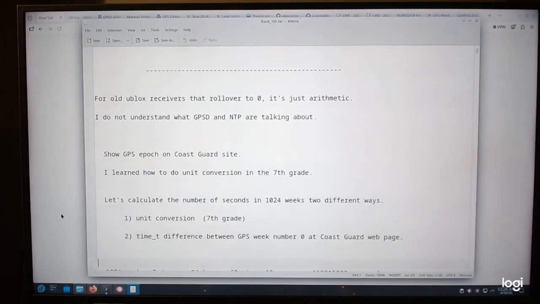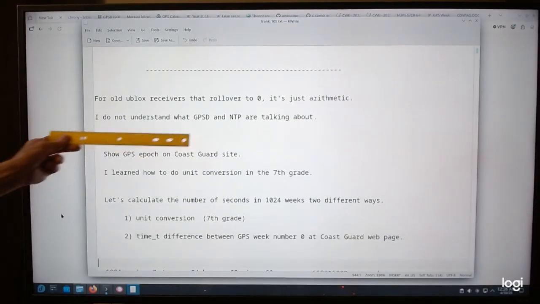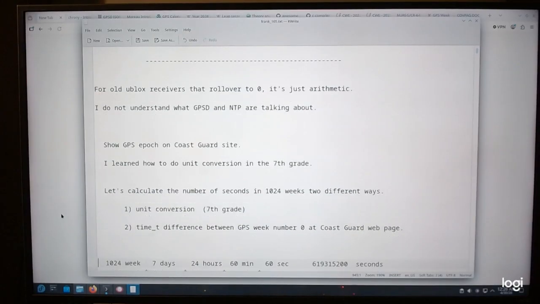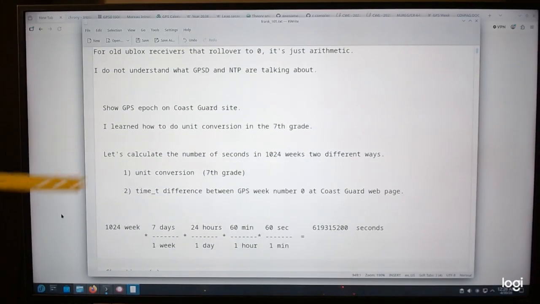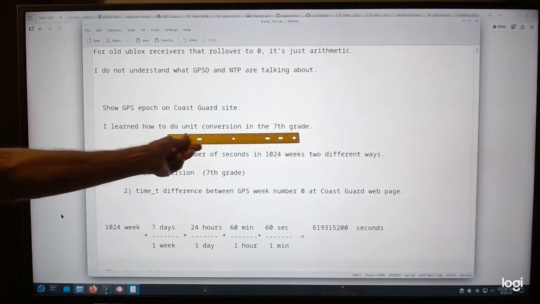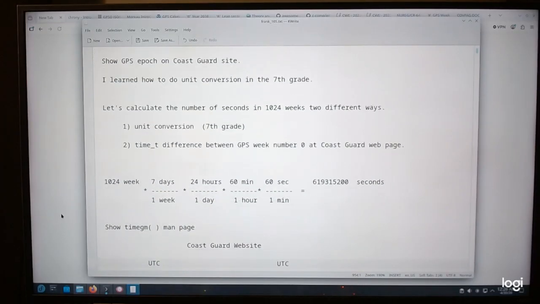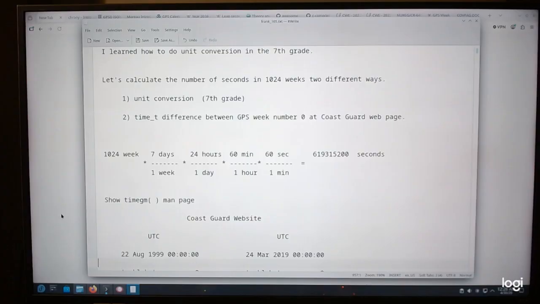It's just arithmetic. I don't understand what they're talking about. It's just arithmetic. I learned how to do conversion in the 7th grade. Well, I don't understand these people.